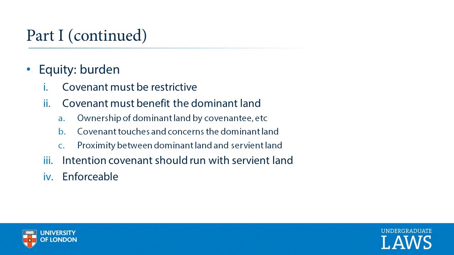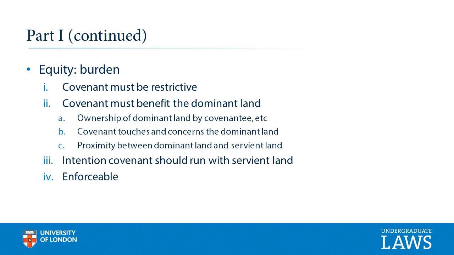The enforcement rules have been covered in detail elsewhere in the property law module, and they will not be restated here. It's sufficient for present purposes to identify just one or two examples.